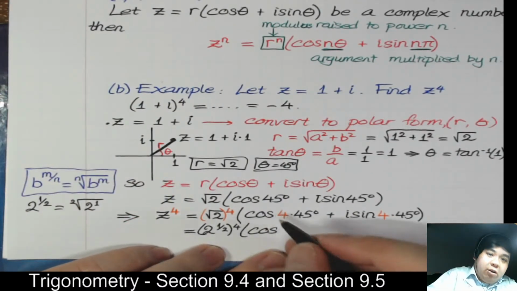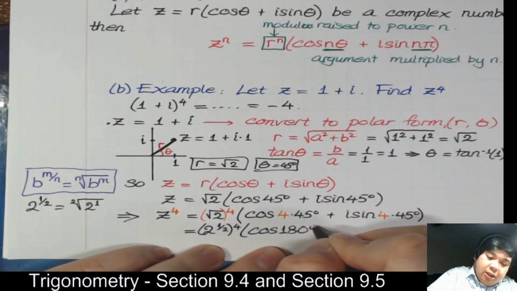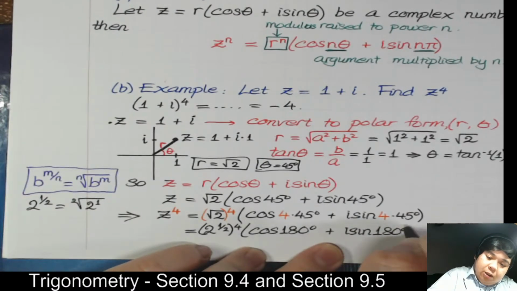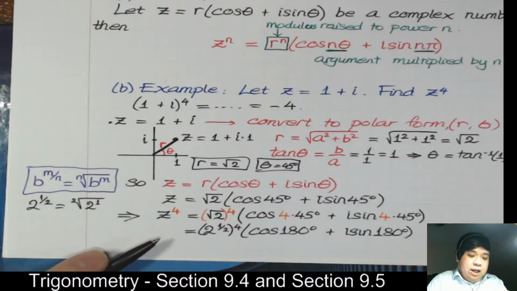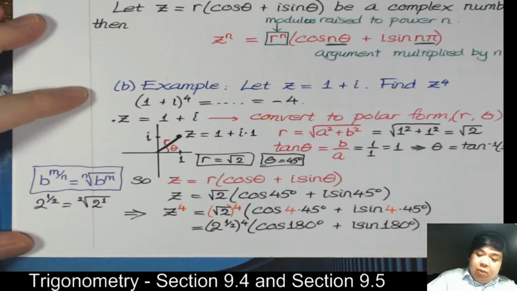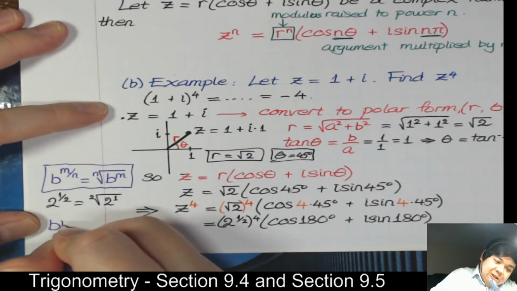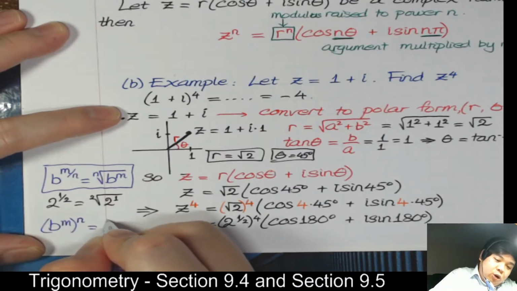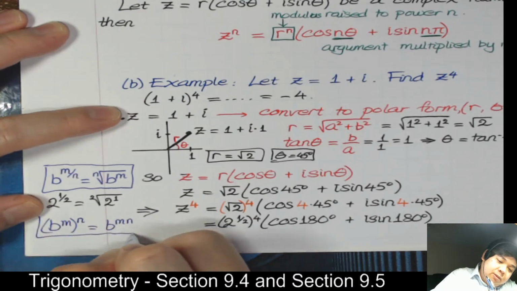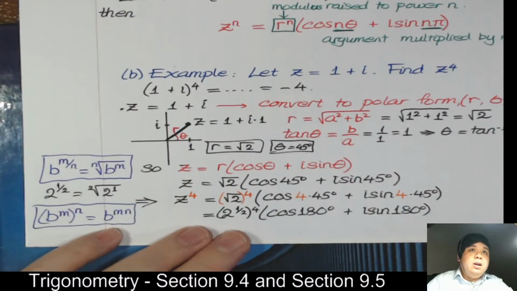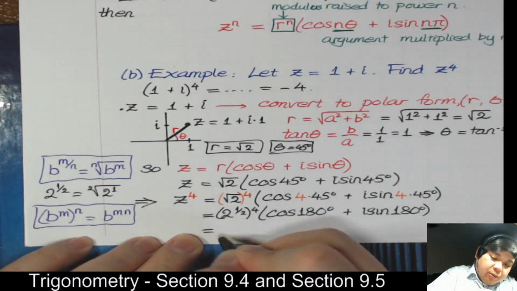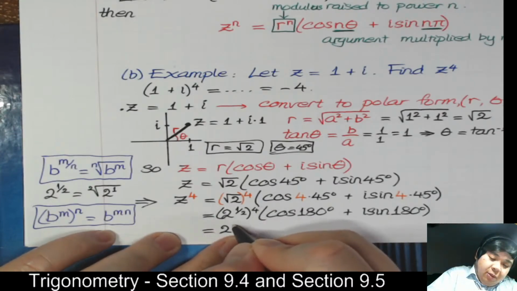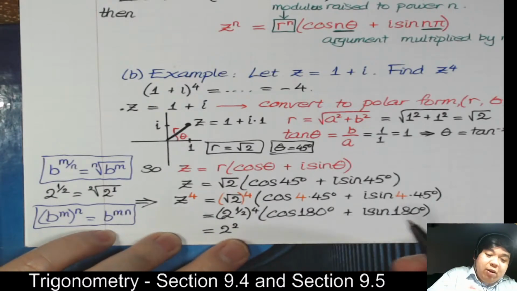Then we have 4 times 45 degrees, that's 180 degrees. And 2 to the 1/2 times 4: when we raise a power to another power, we multiply them. So 2 to the 1/2 times 4 is 2.